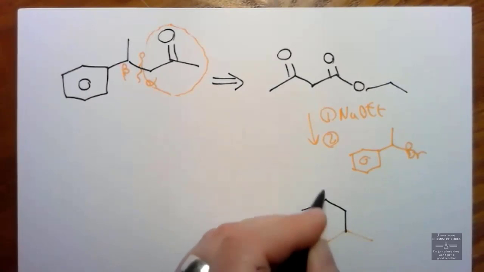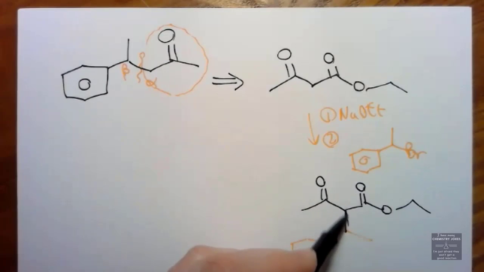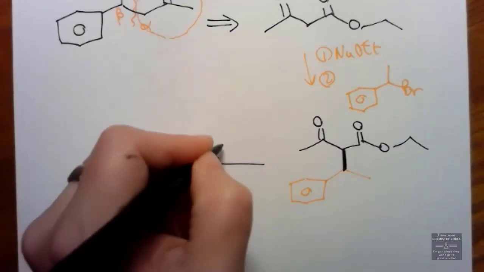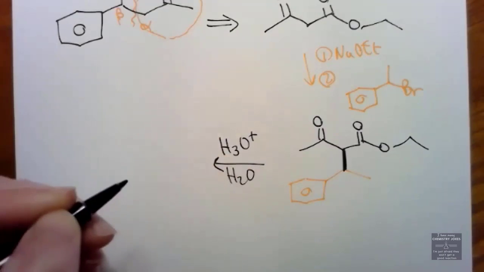The new bond, I did not color code, but the new bond is this one. It's the super thick one. It is not a double bond. It's just a super thick bond so that you can see which bond was the new one made. And I can then saponify, acidify, decarboxylate, or I can recognize that hydrolysis in acid is also a thing.